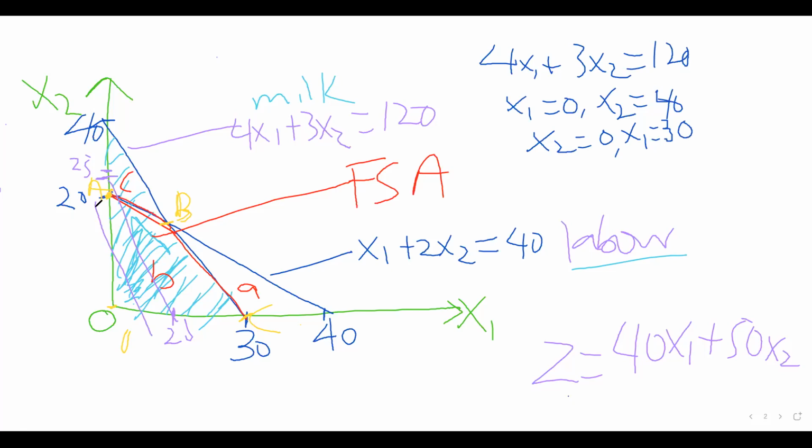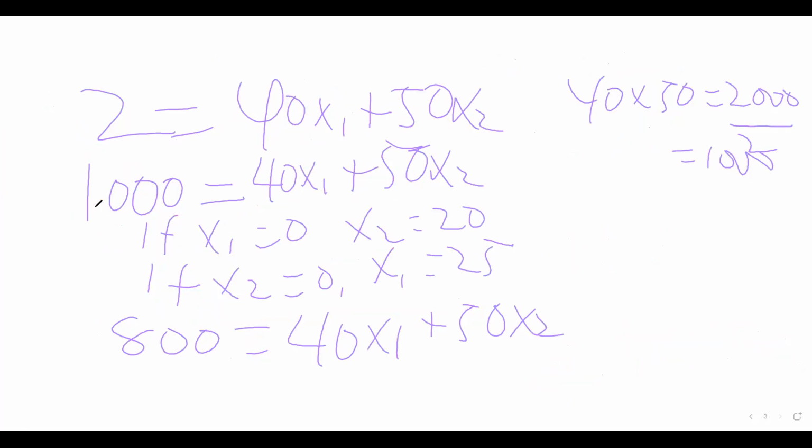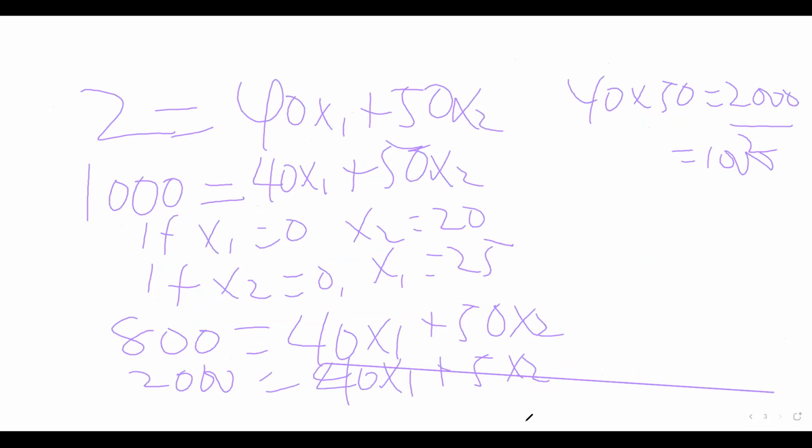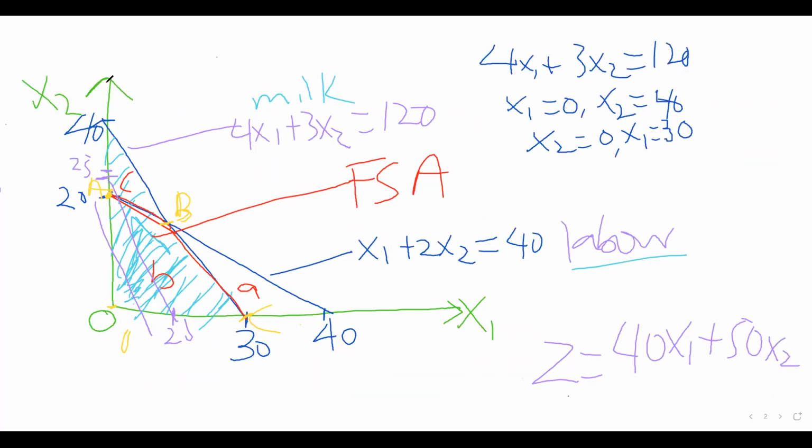And if I select a number that is bigger, like 2,000, which is equal to 40x1 plus 50x2, the line will go above somewhere like that, but it will still be parallel.